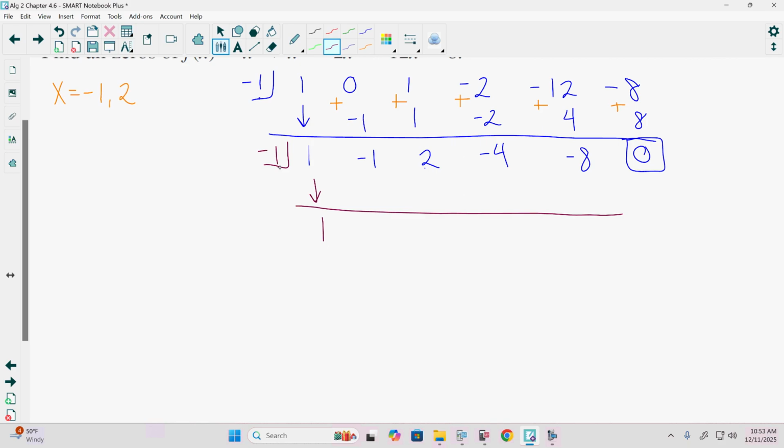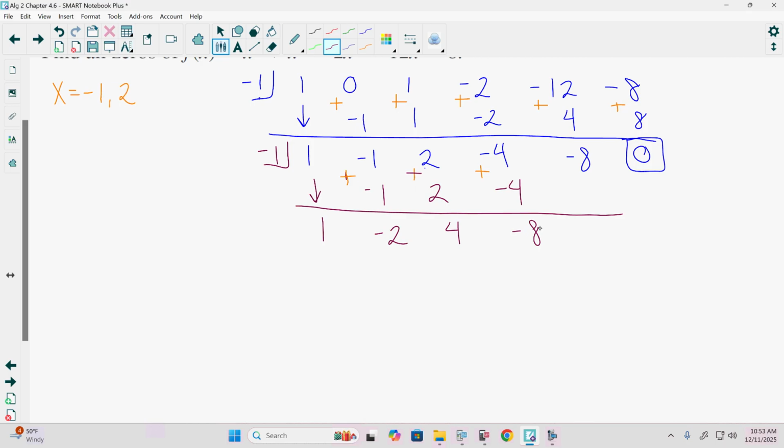Now the hope is that -1 works again. Because if it does, it means it actually touched the x-axis and did not cross it. Now -1 times +1 is -1. -1 plus -1 is -2. -1 times -2 is +2. And 2 plus 2 gives us 4. -1 times +4 is -4. -4 plus -4 is -8.